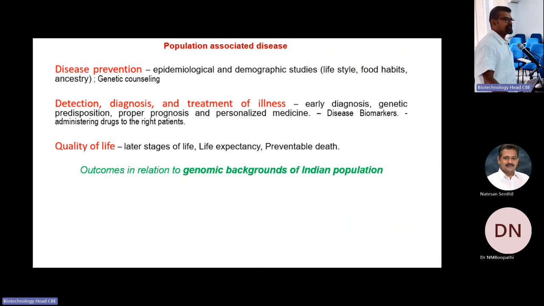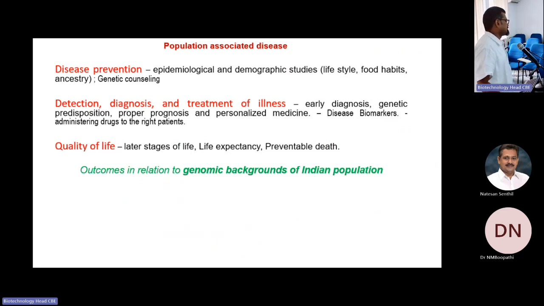So population-associated diseases can be studied at three different levels. One is prevention of the disease, like understanding the epidemiological and demographic factors. The second is detection, diagnosis, and treatment of illness.